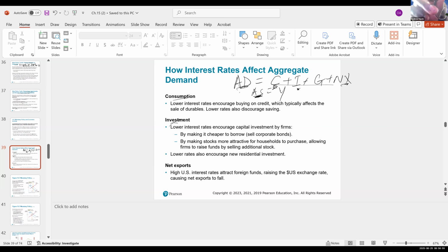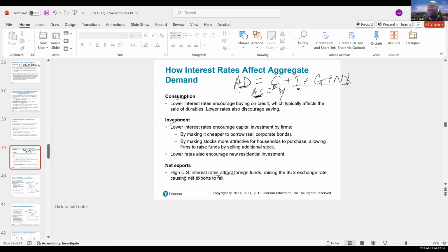So when US interest rates are high, it attracts foreign funds into the United States. So let's say interest rates in America rise above interest rates in other countries. Then foreigners are going to find US assets like US Treasury bonds more attractive, so they're going to invest in them.